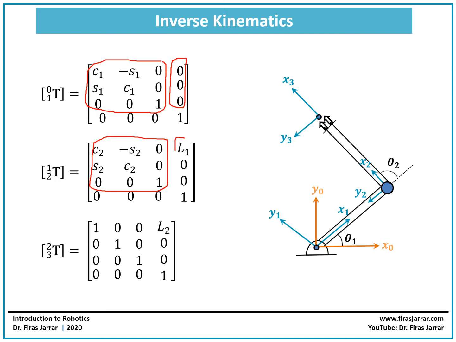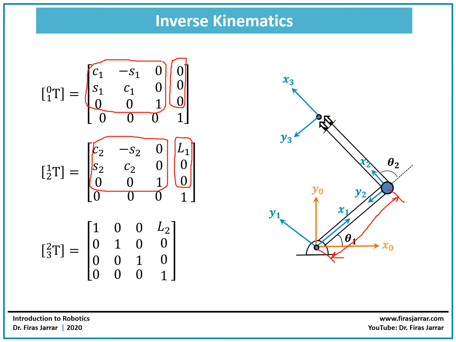And when it comes to the position of frame 2 with respect to frame 1, it is translated along the x-axis by L1. You can see that this distance is L1, and it's along the x1 axis. So this is why we have L1. The rest are going to be zeros.